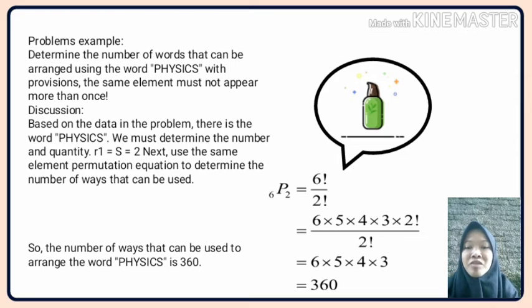Problem example. Determine the number of words that can be arranged using the word PHYSICS, with the provision that the same element must not appear more than once.